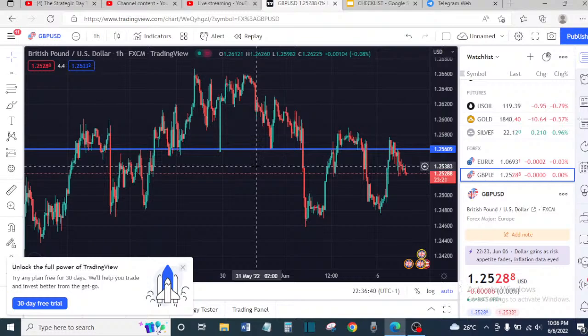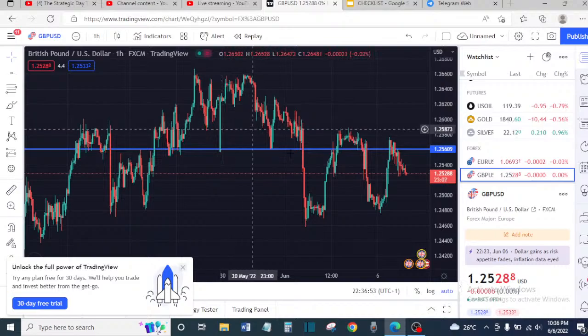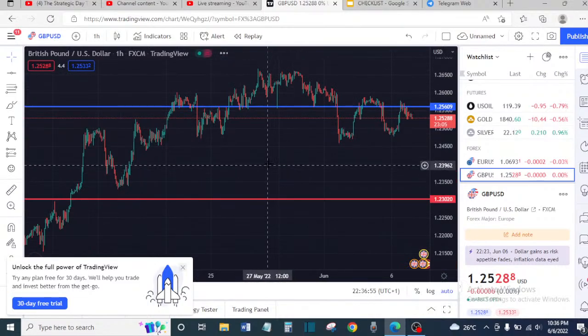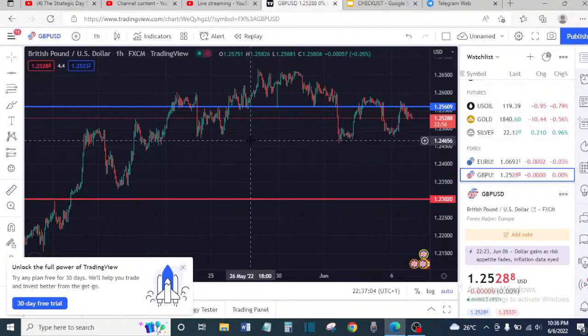For beginners or newbies, please stop using those indicators. You will be deceived. Those indicators lag a lot and you'll be deceived. Price will always strike you out, but with this strategy, price cannot get you. If price will get you, it will be maybe 1 out of 10 trades, and that could be as a result of maybe you miscalculated. That is just it.